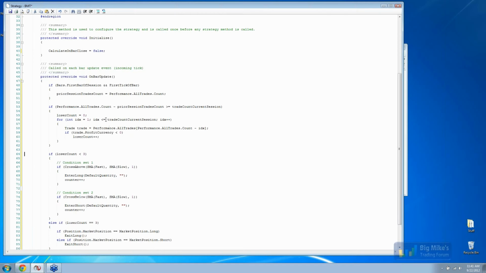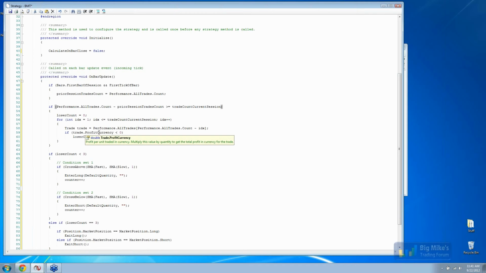And then one other thing that we need to add here before this whole thing comes together is, right now we're just saying if performance.alltrades.count minus prior session trades is greater than the current number of trades, we're going to figure out how many losers we have, which is fine, but it's a little bit unnecessary to keep calculating the number of losers we have if we haven't traded.